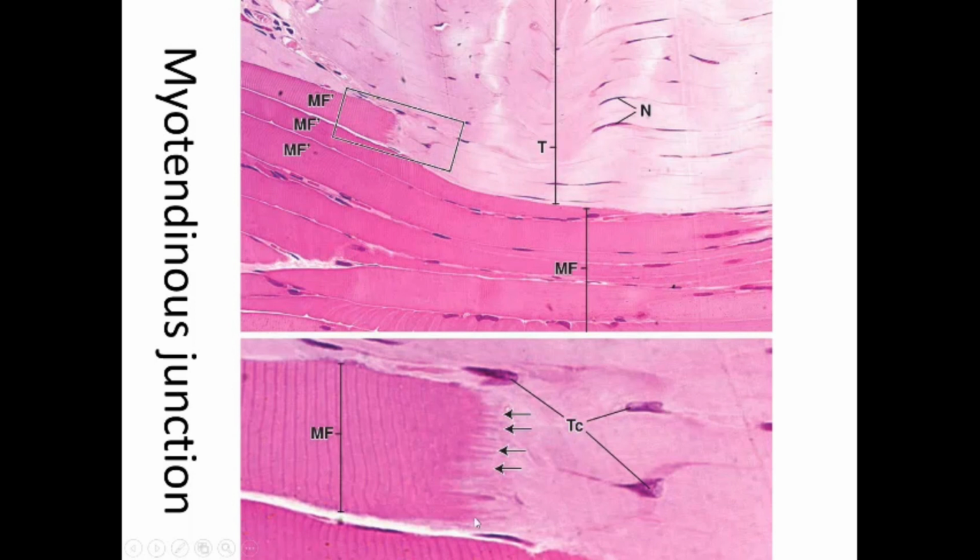With more magnification of this part, we can see a folding of the cell membrane at the end of the muscle cell to increase the contact surface between the tendon and the muscle.